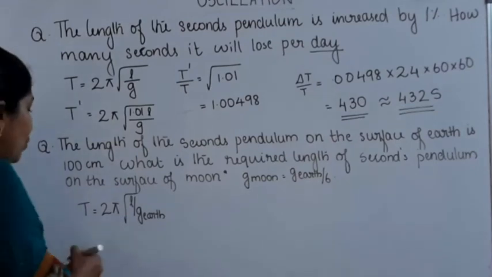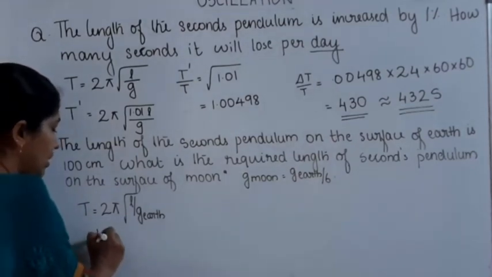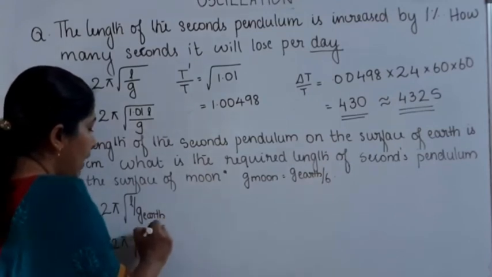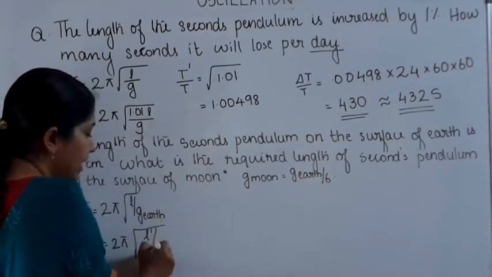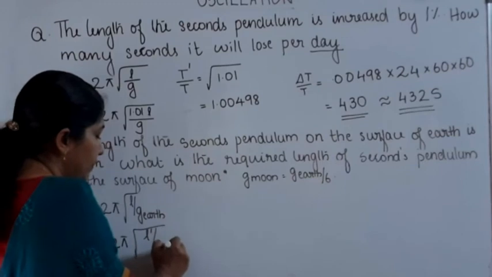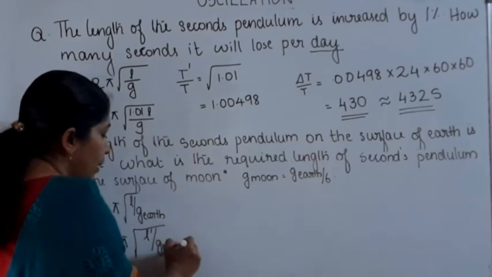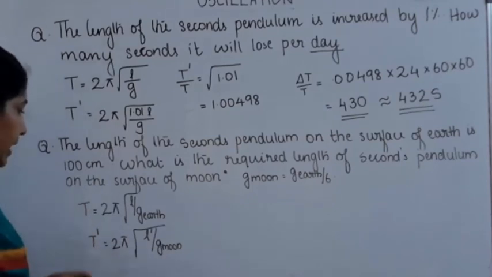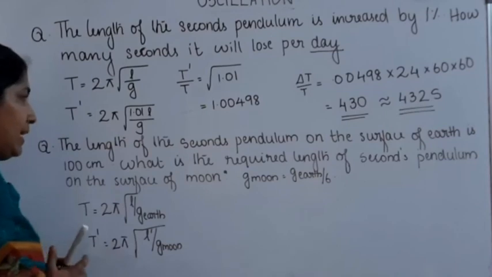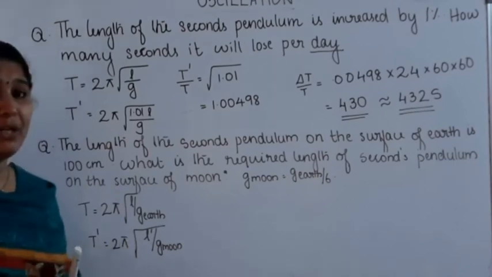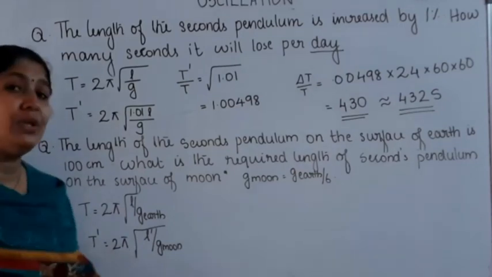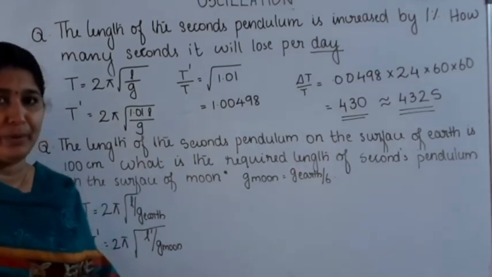On the surface of the moon, the time period T' is equal to 2π root of L' divided by g moon. We want to find out L'. For this, we consider the time period of the seconds pendulum on the surface of the earth and on the surface of the moon.